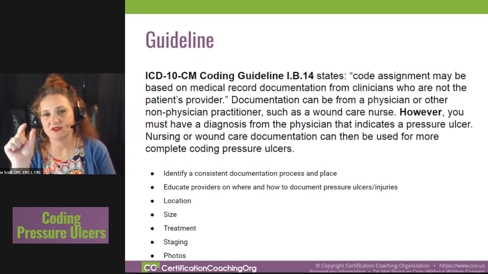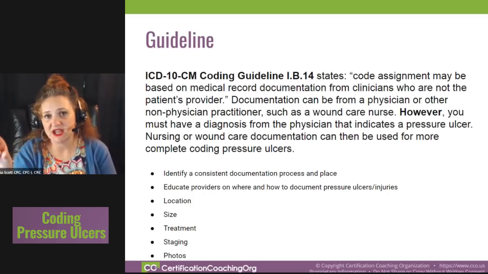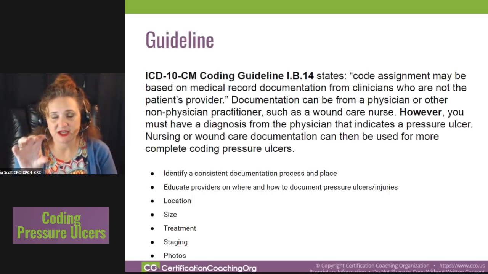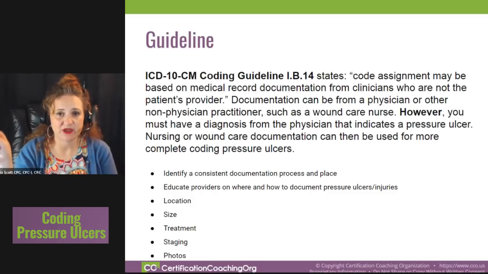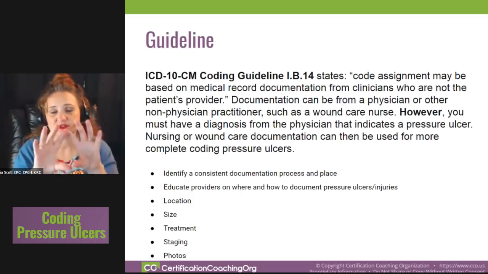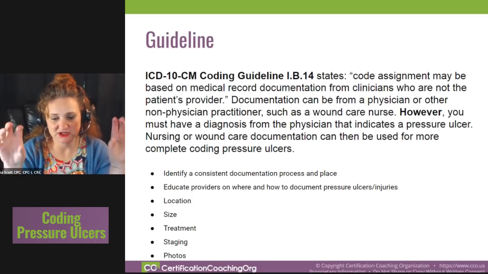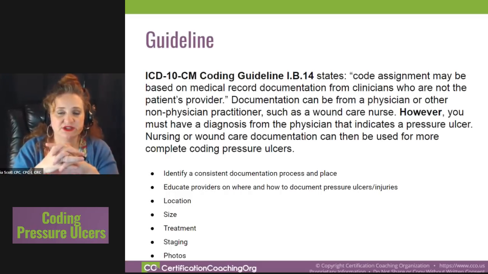So if the nurse documented that the patient has a pressure ulcer stage 2 on the right heel, you can use the stage and the location, but only, it says, however, the provider still has to have the information that there's a pressure ulcer. So let's say in the nurse's notes you read all the information about the pressure ulcer that you need to get the highest specificity of the code, and nowhere does the provider state that the patient has a pressure ulcer, then you can't code it.